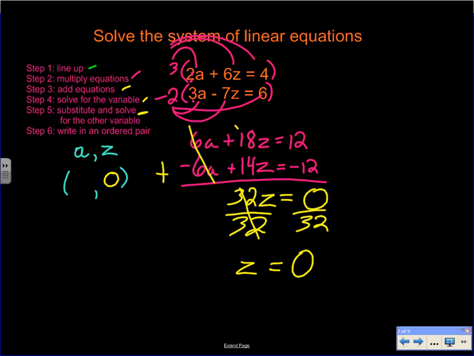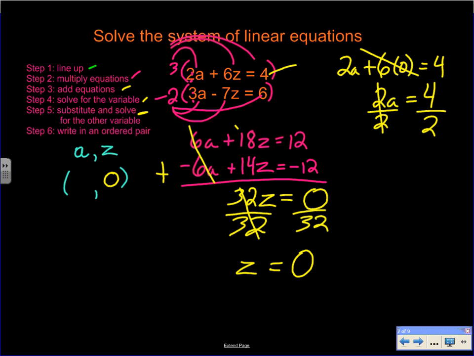Now, step 5, substitute and solve for the other variable. Let's just take this top equation here. 2a plus 6 times z, what do we find z to be? 0 is equal to 4. And solve this for a. What's 6 times 0? 0. 2a plus 0 is just 2a. So now we have 2a is equal to 4. And how are you going to get a by itself?